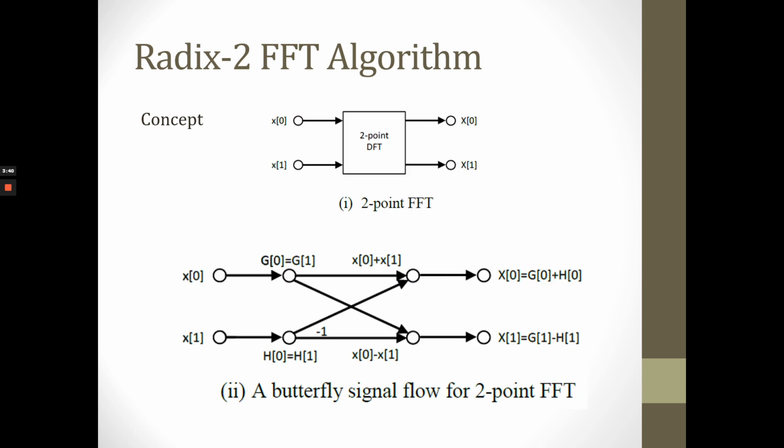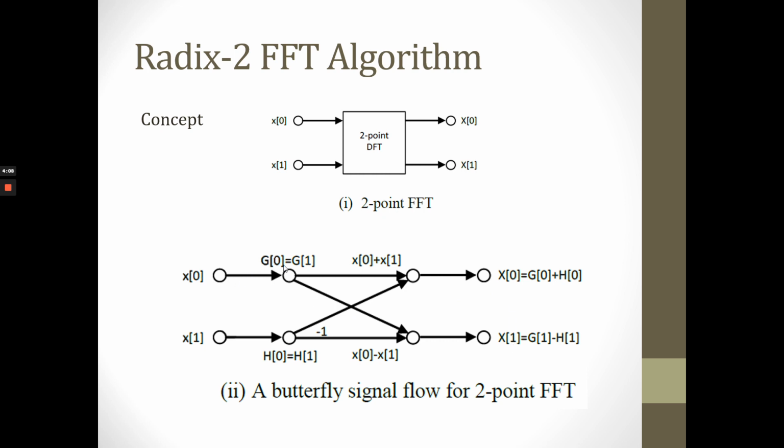Basically, the Radix 2 FFT algorithm consists of taking 2 data points at a time from memory, performing the butterfly computations, and returning the resulting numbers to memory. So when we convert into a butterfly signal flow graph, we have this node representing xn, x0 and x1, and this is Xk for X0 and X1.